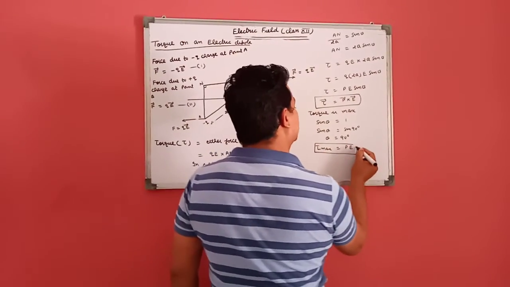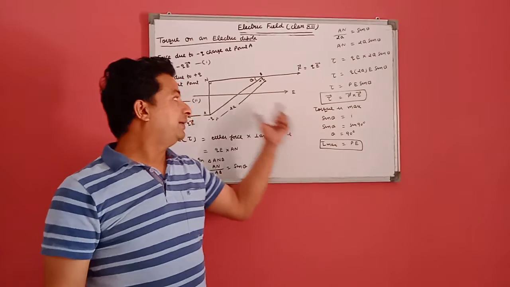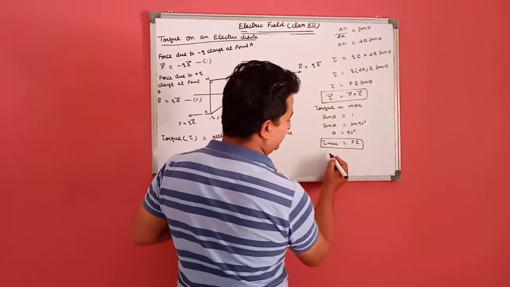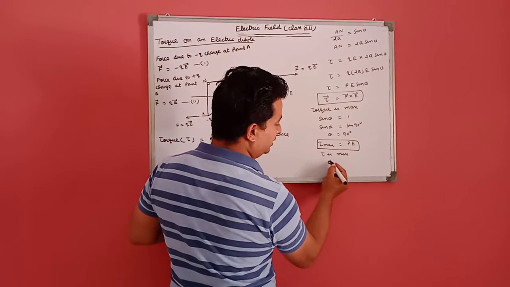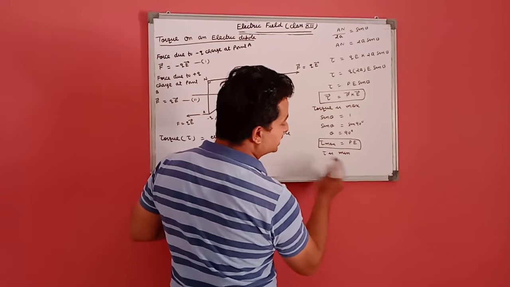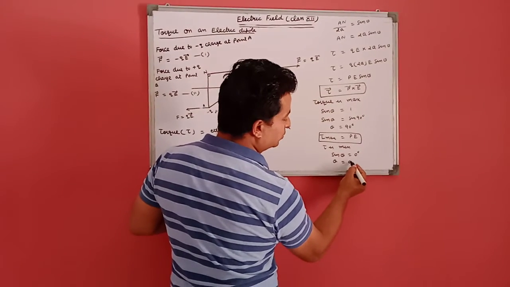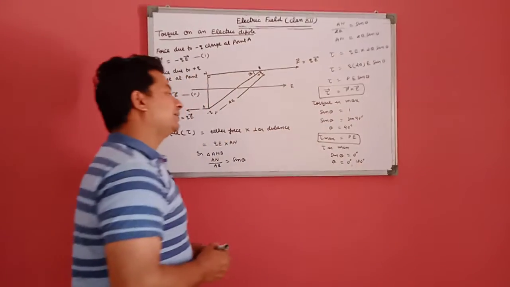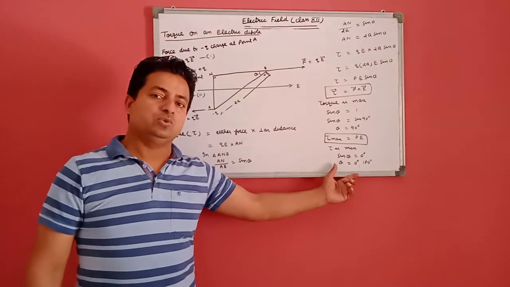This means torque is maximum when the electric field and electric dipole are placed perpendicular to each other. Tau is minimum when sine theta is equal to 0, which means theta is equal to 0 or 180 degrees. That is, the electric field and electric dipole are placed parallel or anti-parallel to each other.